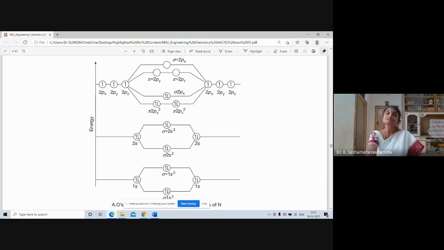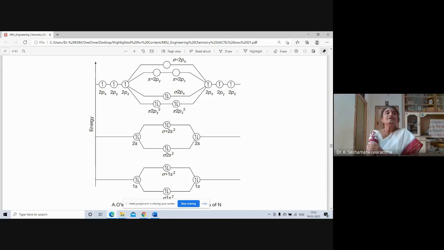One is bonding, another is anti-bonding: sigma 1s2 and sigma star 1s2. Same with the 2s orbitals of the two nitrogen atoms: they give sigma 2s2, the bonding, and sigma star 2s2, the anti-bonding.